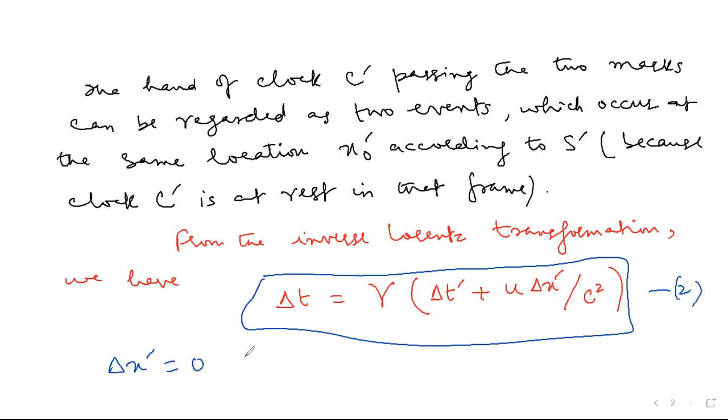Now, because S prime is at rest relative to clock C prime, the time interval delta t prime measured by S prime is a proper time interval. So delta t prime is proper time, right? Which we represent as delta t naught.